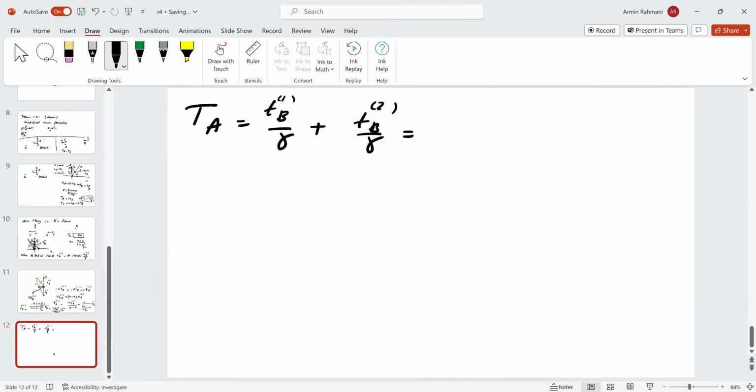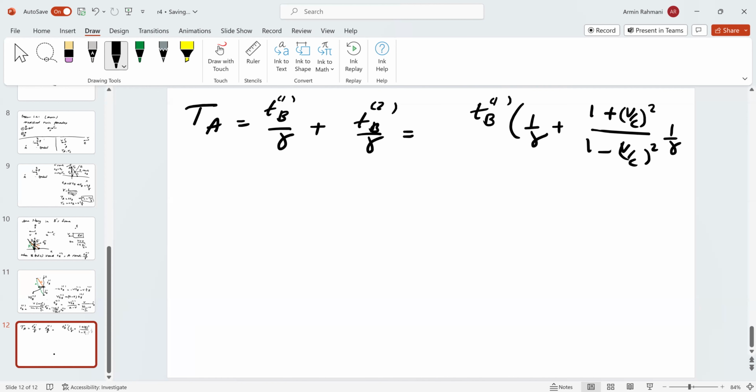So it's TB1 times 1 over gamma plus 1 plus V over C squared over 1 minus V over C squared, times 1 over gamma.